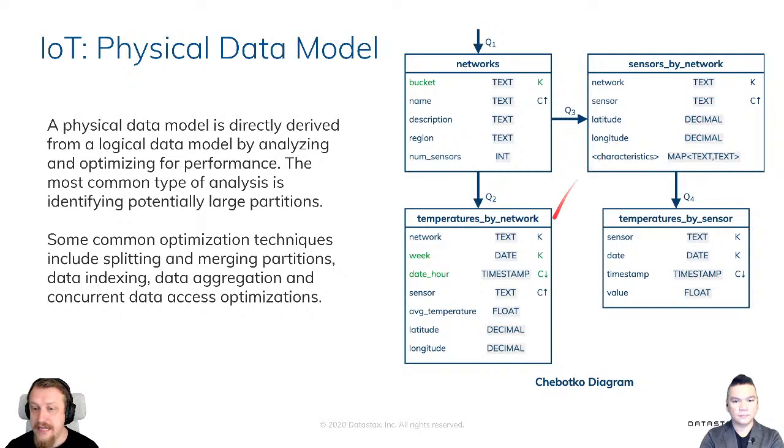Another optimization we want to talk about is temperatures by network. Here we suggest a new partition key, call it week, for the temperatures by network. What does that mean? Don't forget, data will grow over time, and I may want to watch a heat map for last week, but I also may want to watch a heat map for 1 year ago.